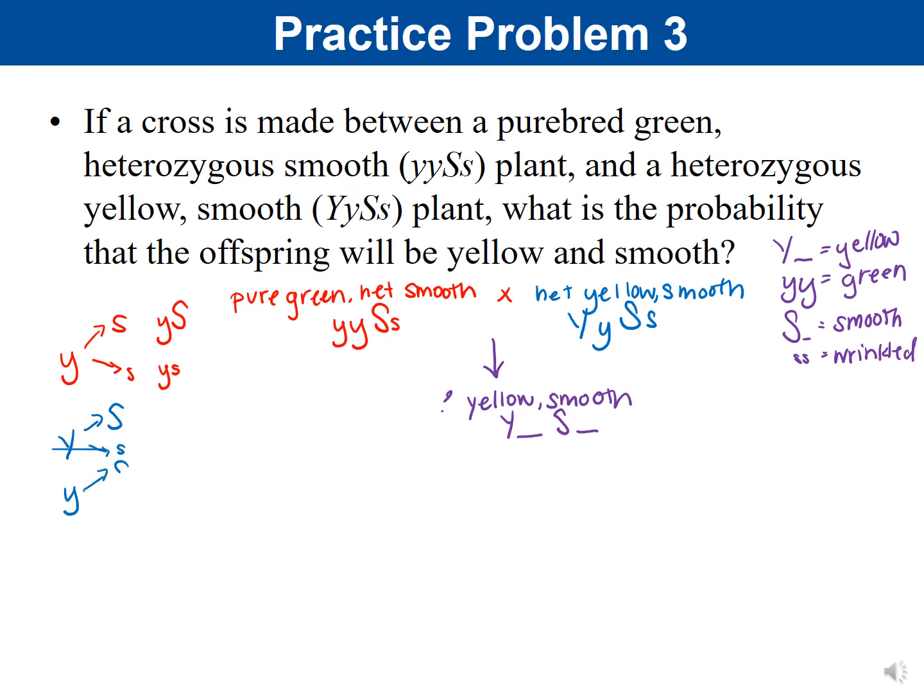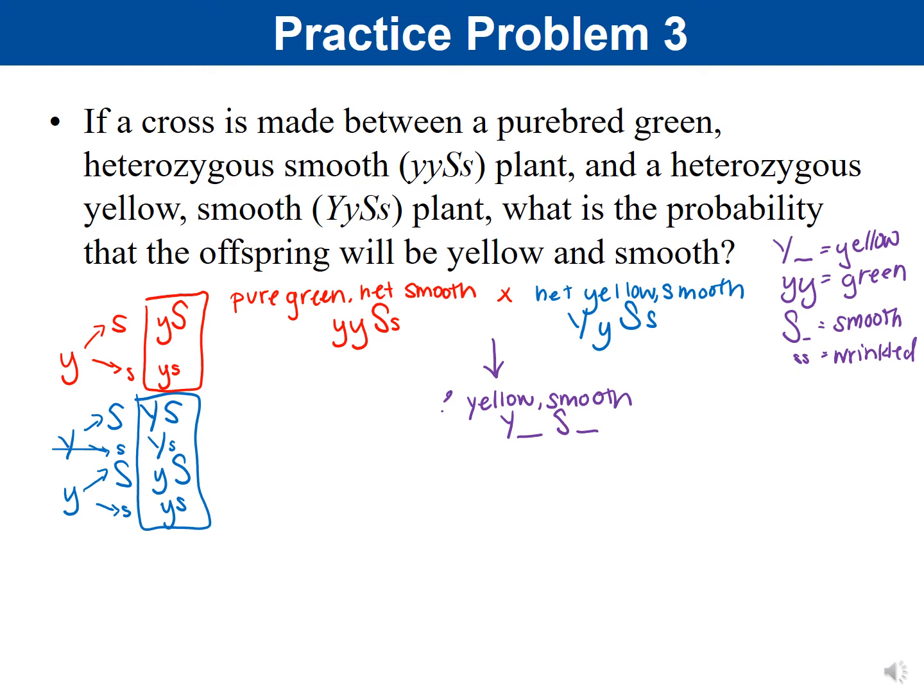So the possible gametes would be big Y, big S, big Y, little s, little y, big S, little y, little s. So these are my gametes for one parent, and these are my gametes for the other.